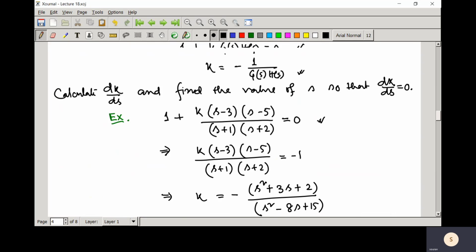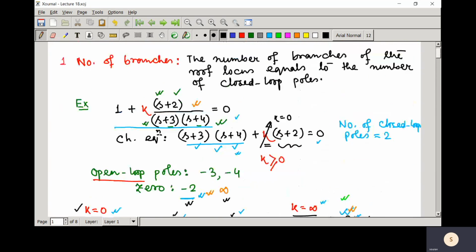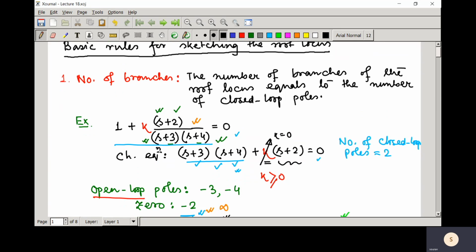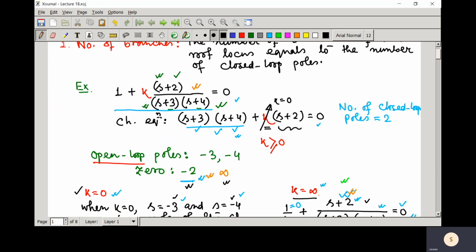What we have discussed today are 5 rules for sketching the root locus. The first one is that the number of branches in the root locus is equal to the number of closed loop poles. When k equal to 0, the root locus starts at the open loop poles, and when k tends to infinity, it ends at the open loop zeros.